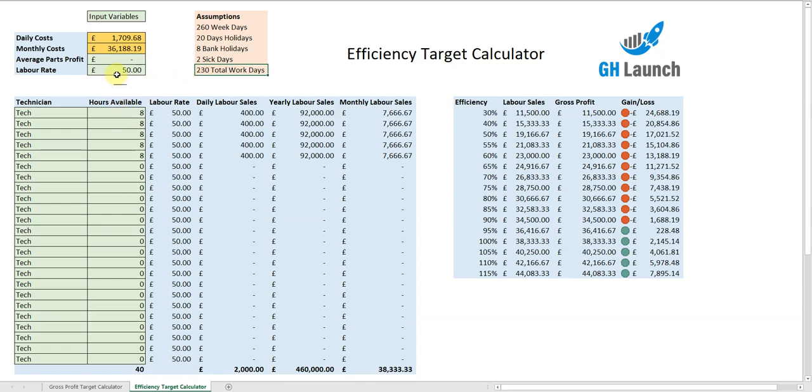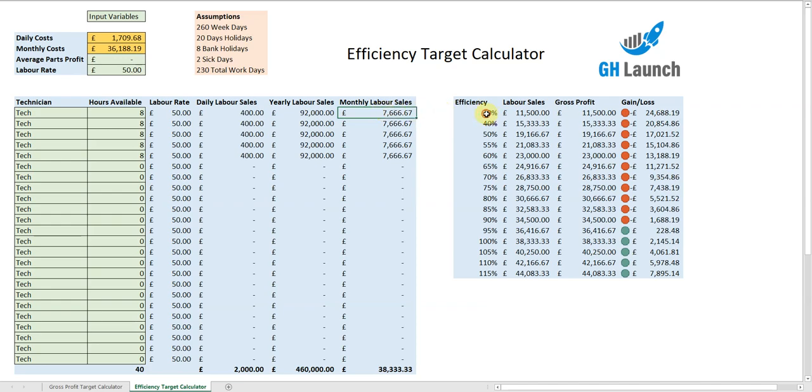So if we just take a look at what this is saying then, 8 hours times a labour rate of 50 is £400 per day. Over the year, that's £92,000 based on the total work days, and divided by the month, divided by 12, you get the monthly labour sales if the technician sells every single hour available to them. Now, if you look on the right hand side, we have this figure, but then adjusted for efficiencies.